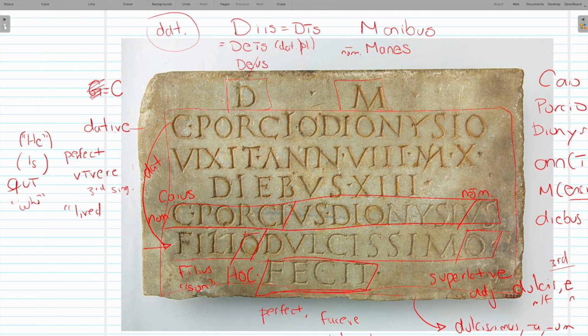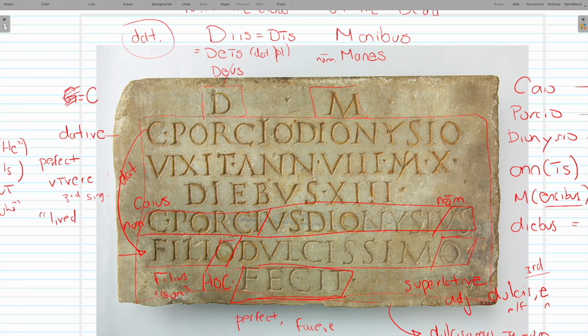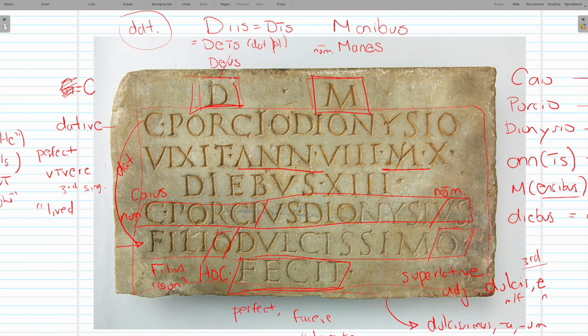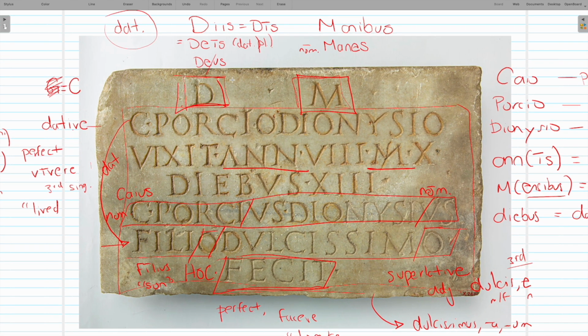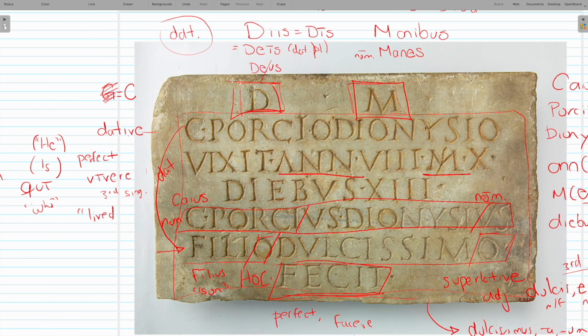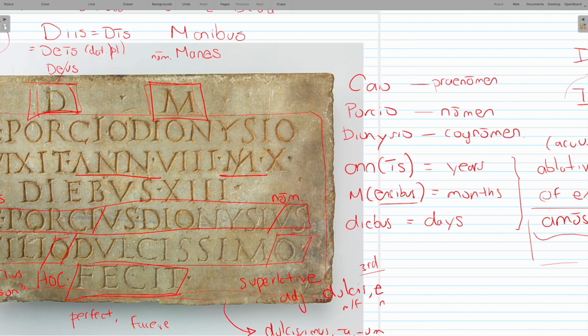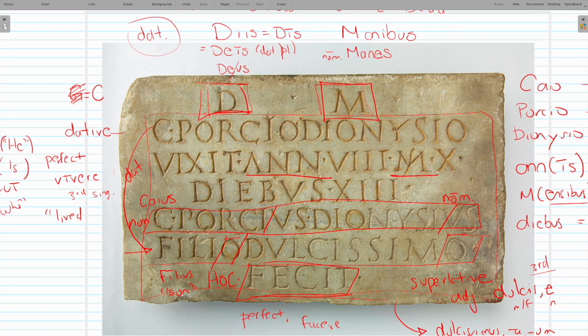This is an excellent first funerary inscription to read because it contains very few abbreviations, just one here, another one here, this manibus, but this is quite typical, and the rest is very clear and quite readable. So I hope you enjoyed this brief short lesson on Roman epigraphy.